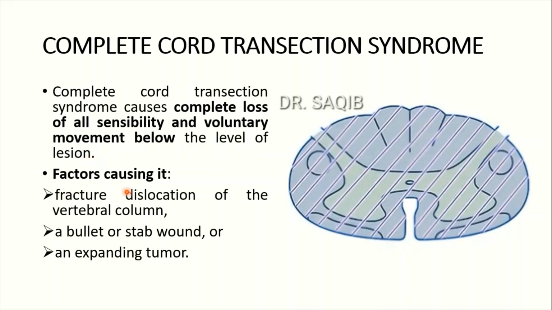Factors causing it: fracture dislocation of the vertebral column, a bullet or stab wound, or an expanding tumor. These are the causative factors. Obviously, as the whole of the spinal cord is involved, both the motor and sensory systems are affected.